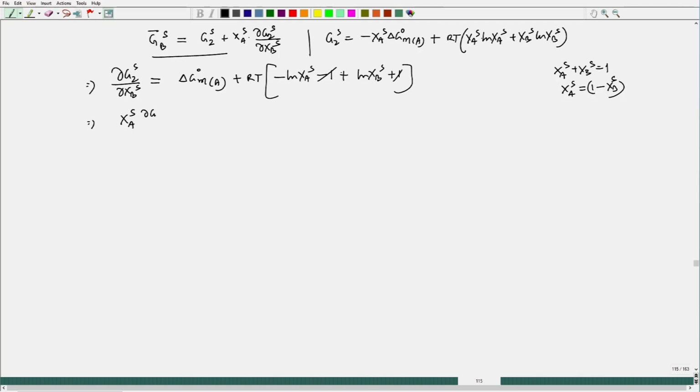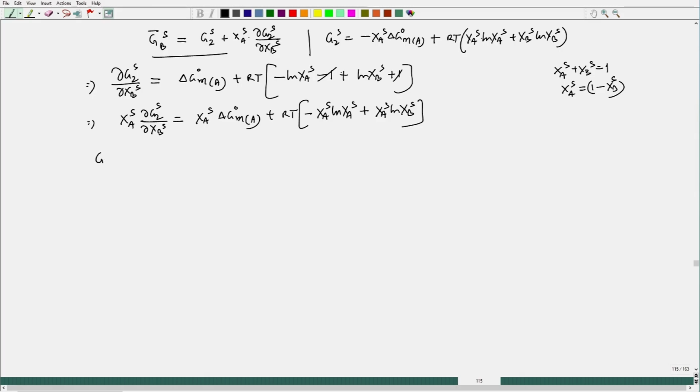So the derivative of G2 solid with respect to XB solid would be equal to XA solid delta G naught M A plus RT times minus XA solid ln XA solid plus XA solid ln XB solid.